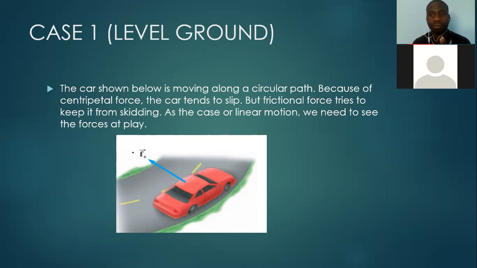If you are moving in a roundabout, especially if the driver is moving at a considerable speed, as it curves, like that, you will always feel pushed in that direction. If you are sitting on the seat, you always feel like you are being pushed towards the window side.